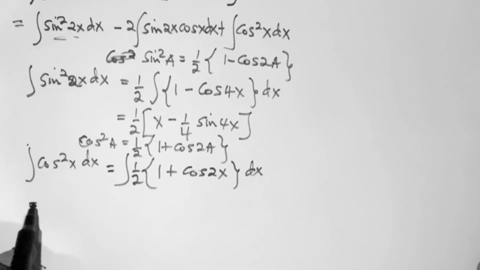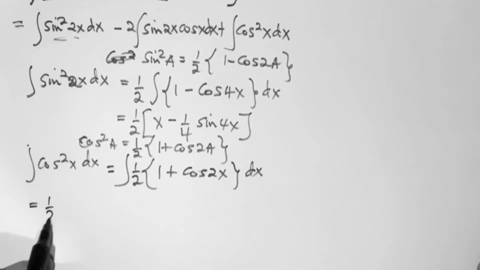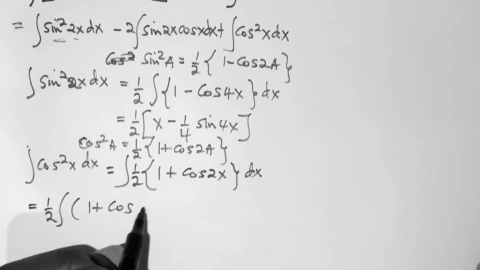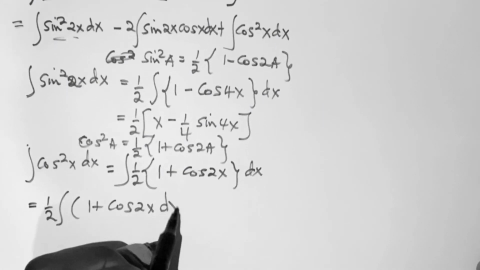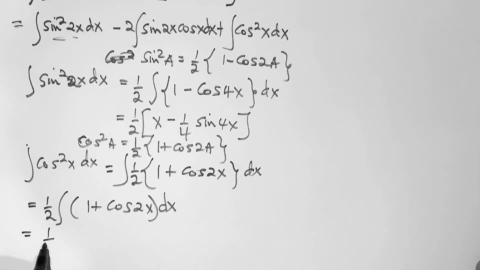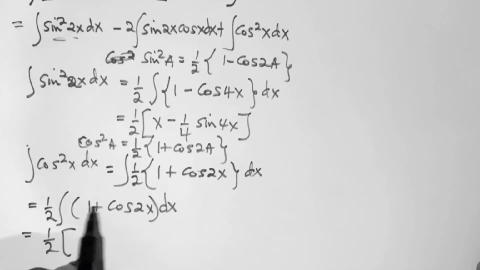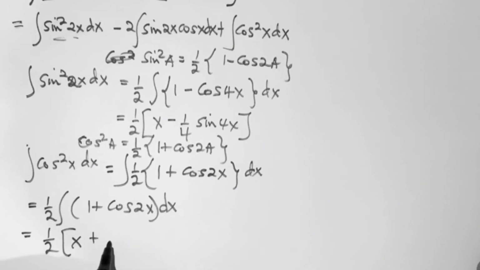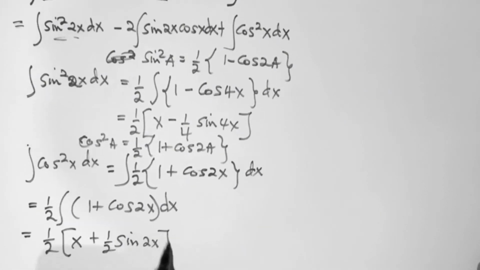So this is equal to, pulling the half out, the integral of 1 plus cos 2x dx. So now this is equal to half of, if you integrate 1, it is x, and if you integrate cos 2x, it is 1 over 2 sine 2x.